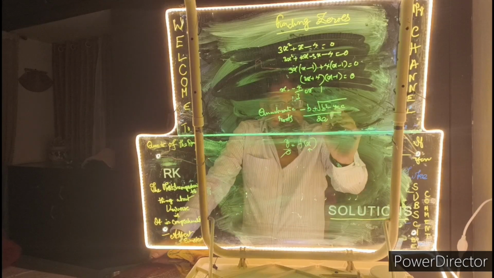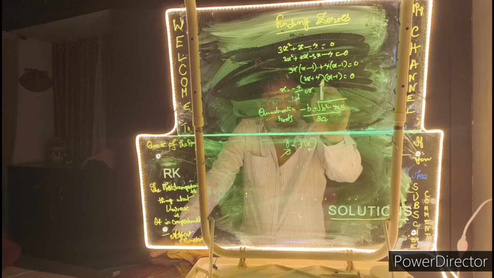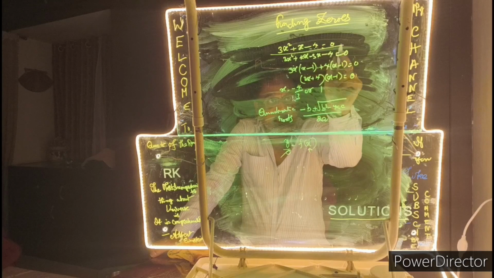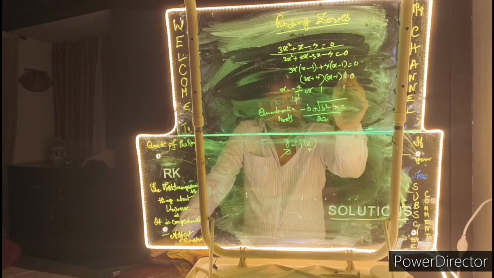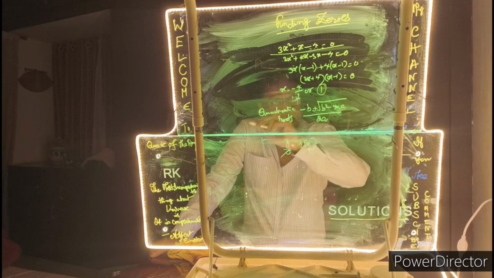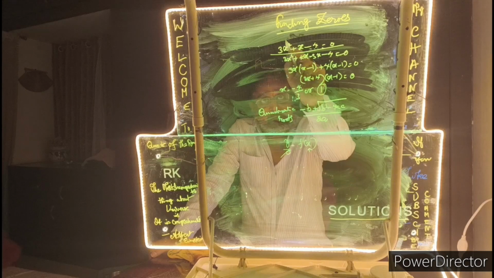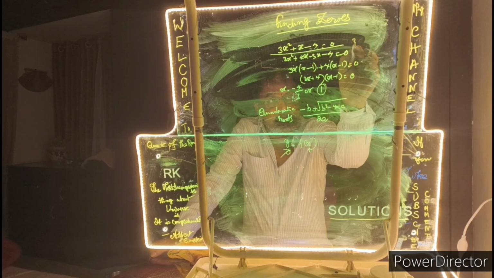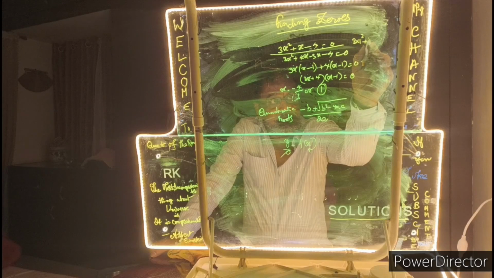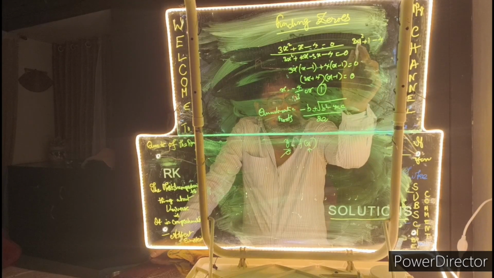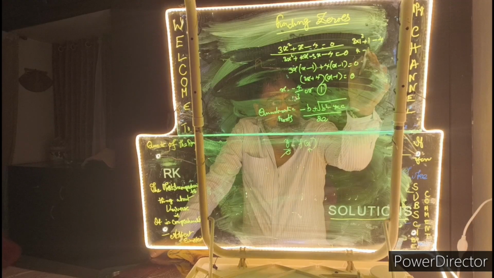In this equation, if you substitute 1 for x, what will it be? 3 into 1 squared plus 1 minus 4, that is nothing but 3 plus 1 minus 4, which is 0.